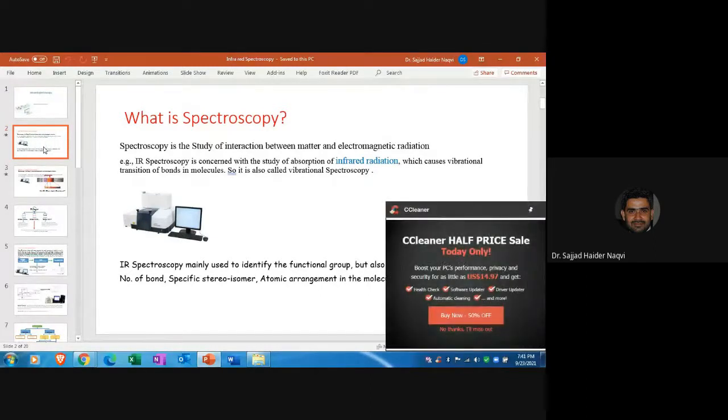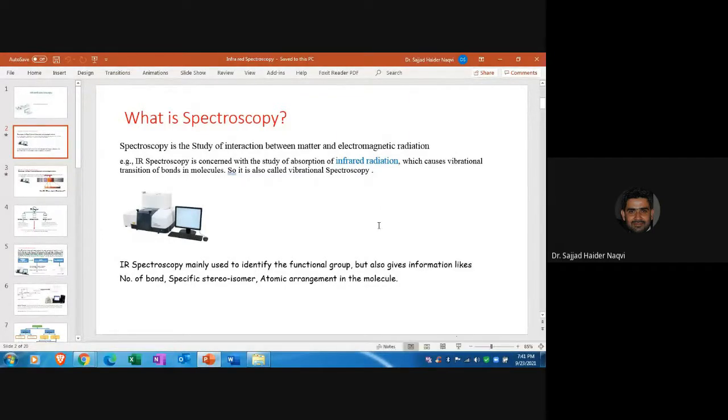What actually happens is that when light of a specific wavelength, which is infrared, is passed through the sample, the sample absorbs the light, and as a result there is a vibrational change in the bonds within the molecule. That particular measurement is referred to as vibrational spectroscopy.